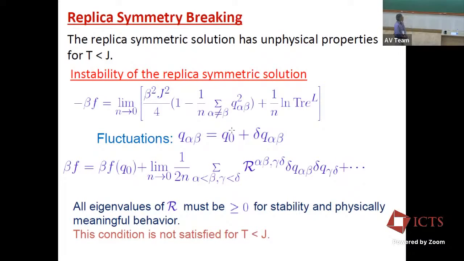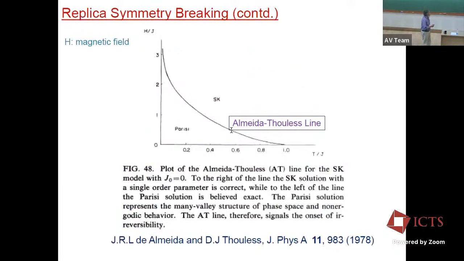And this is the reason why people found this unphysical behavior, this negative entropy and things like that, in the low temperature phase of the replica symmetric solution. So some understanding is there about why the solution that Sherrington and Kirkpatrick obtained is not the correct solution. And this is the work of Almeida and Thouless.